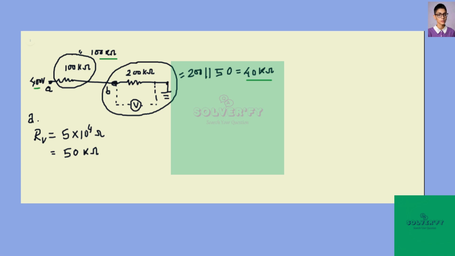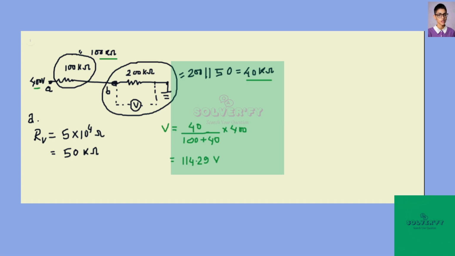So the voltage V that we need to determine, which the voltmeter measures, is equal to 40 upon 100 plus 40, into the total voltage of 400. This gives me the voltmeter reading as 114.29 volts, right? So we are done with part A of the question.